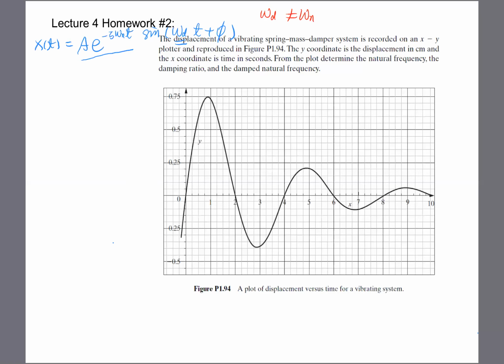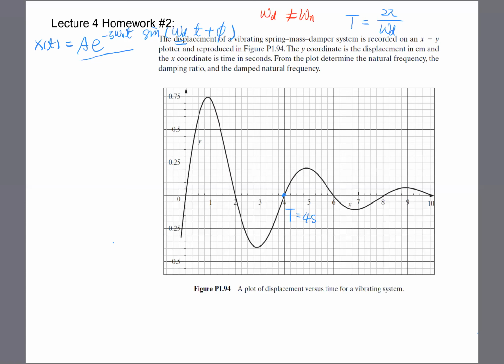So how to find the frequency? We already know that frequency is related to period. So from here, we can easily find the period. Let's find a complete sine wave, starting from 0, going up, going down, going back to 0. So at here, that's 1 period. So we know that your T is 4 seconds.